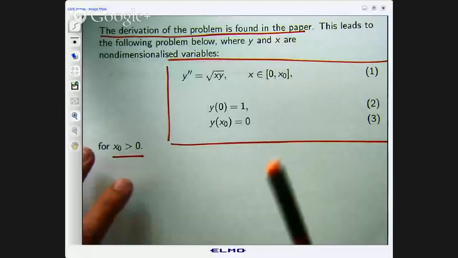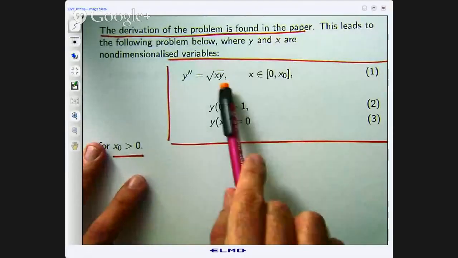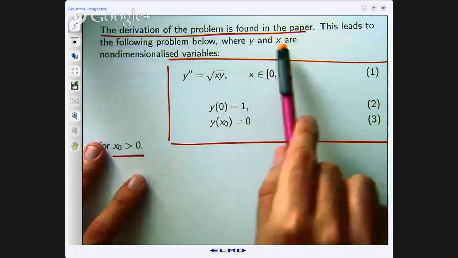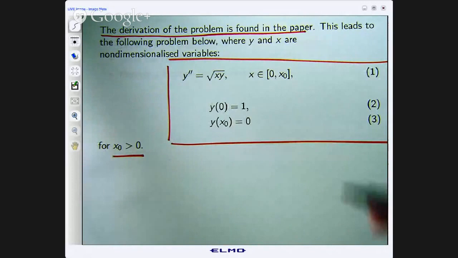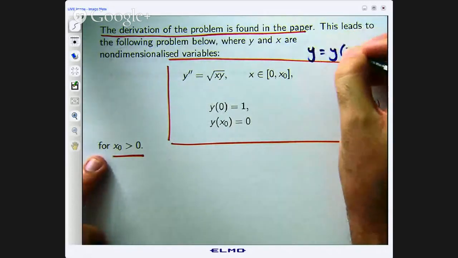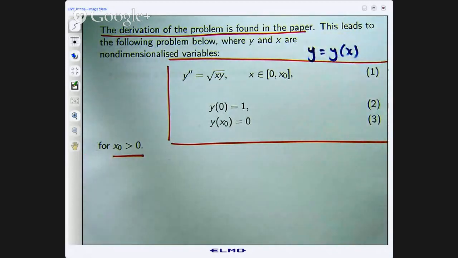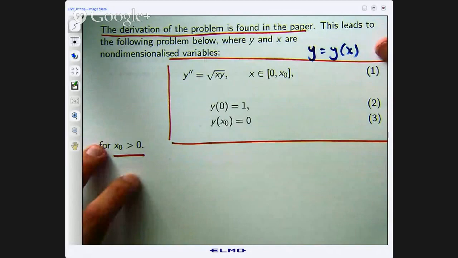You might be asking, what are y and x here? Well, x is the independent variable, y is the dependent variable, so y is a function of x, and they're both non-dimensionalized variables associated with the problem under consideration.